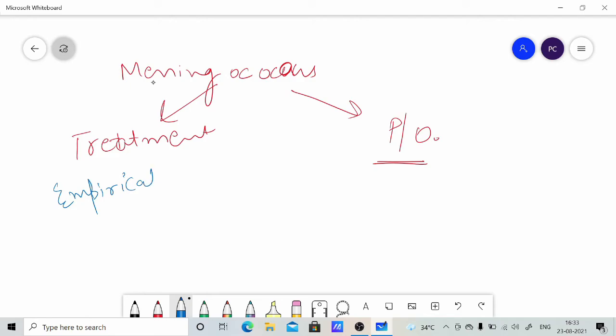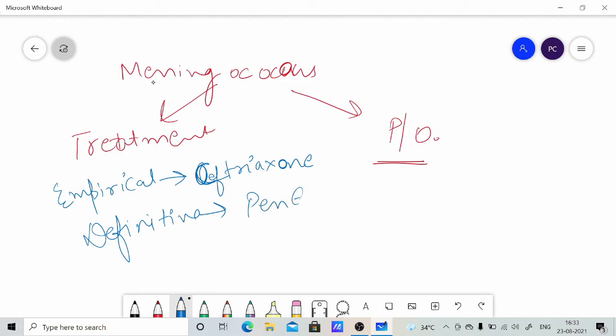It can be meningococcus, it can be any other infection. So for empirical treatment, we give ceftriaxone, which can also kill the other likely organisms if we don't know it is meningococcus only. For definitive treatment, when we know that it is meningococcus only, we use, of course, penicillin, when we are 100% sure.